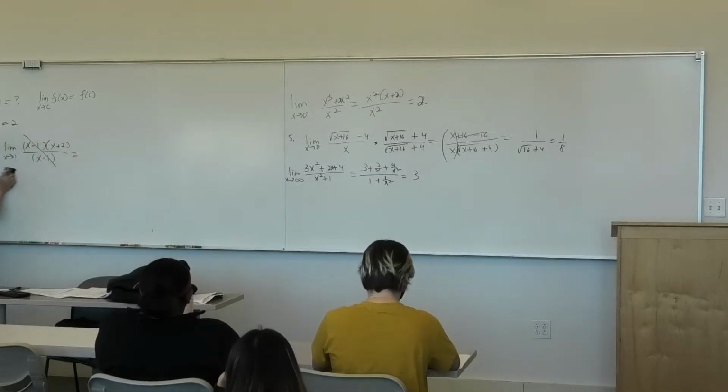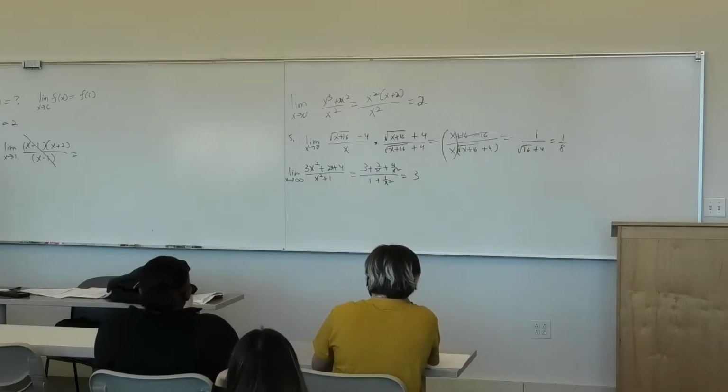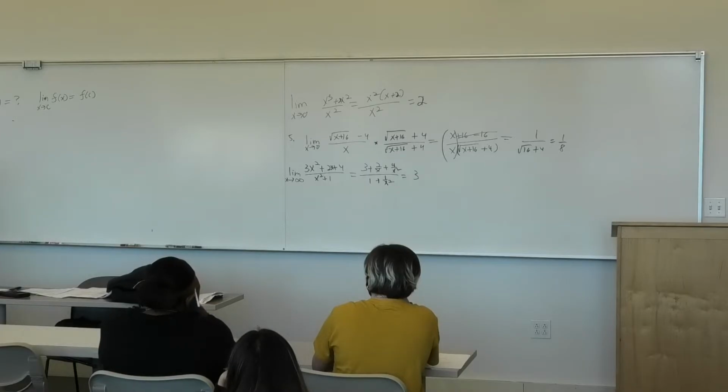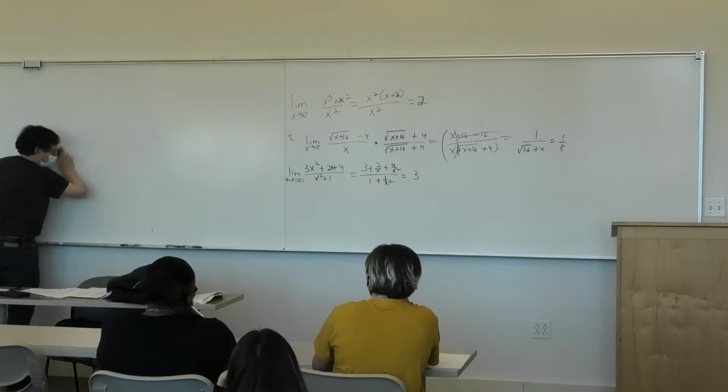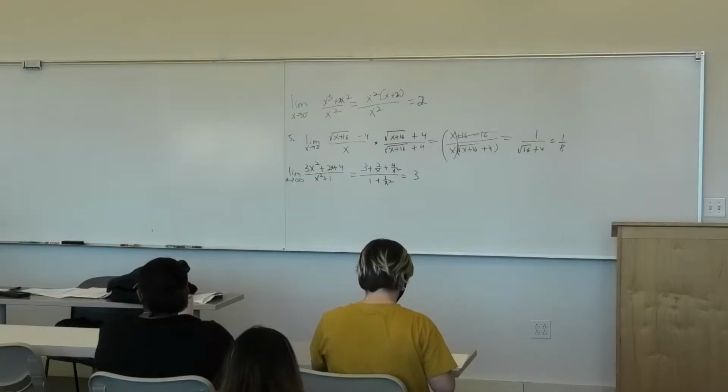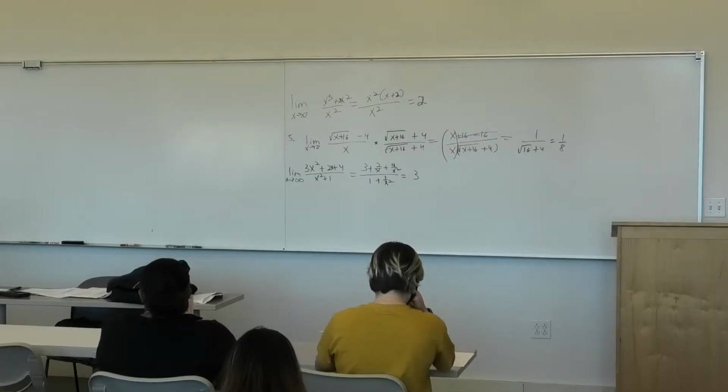I was somewhat encouraged by the fact that almost everyone did a number of the derivative problems correctly. 7 and 8 are about continuity. Mostly you had to understand what continuity is.